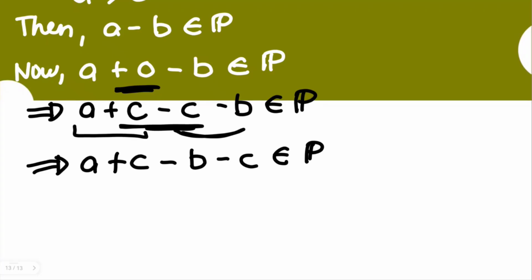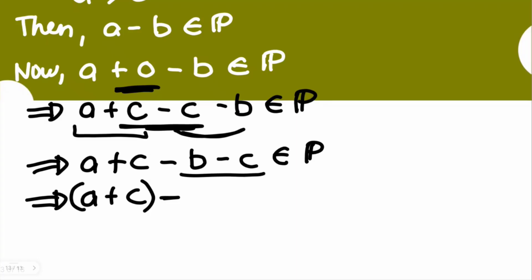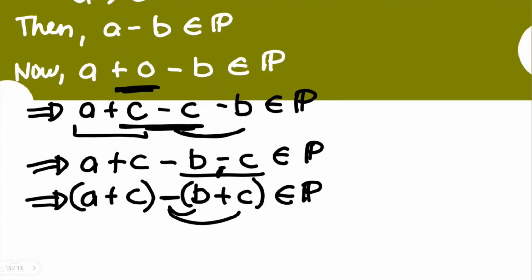The next part is, once I have A plus C grouped into one, I can also factor negative from both of the terms here. Once I factor negative from negative B, I have positive B, and once I factor negative from negative C, I have positive C, still an element of the set of positive real numbers. Take note, if we return to the distributive property, you will definitely get minus C as well.